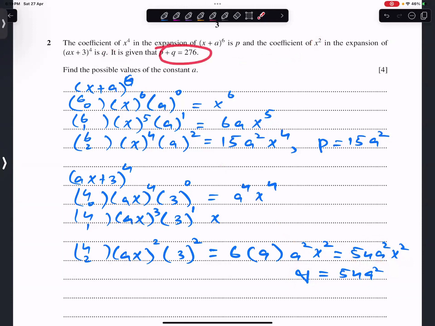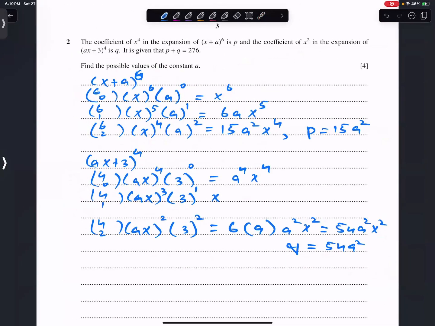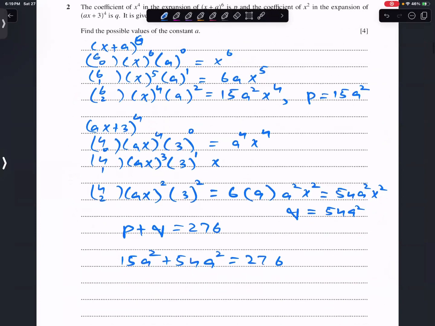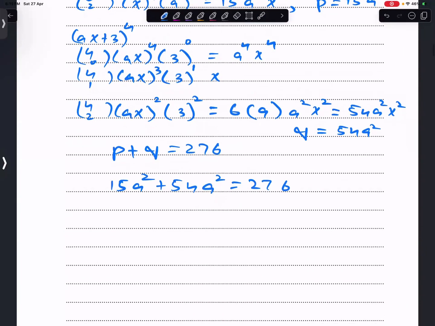Now p plus q is 276. So 15a square plus 54a square is equal to 276. Now 54 plus 15 will be 69.